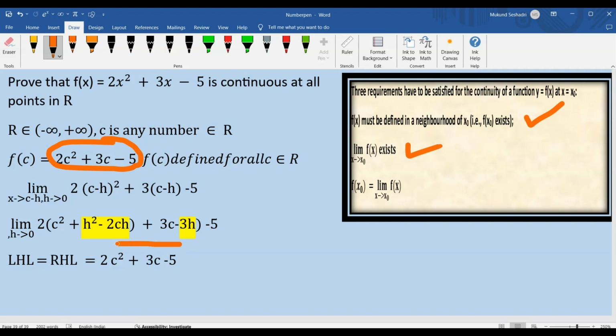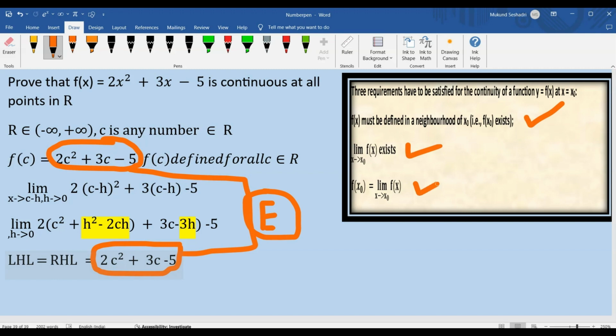It is nothing but 2c square plus 3c minus 5, right? And are these two values equal is what we need to check for the third condition, right? We notice that both of these are equal, right? So which means our condition 3 is also satisfied, right?